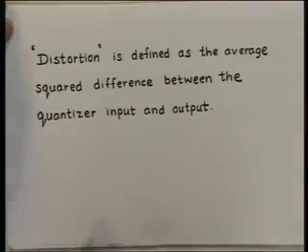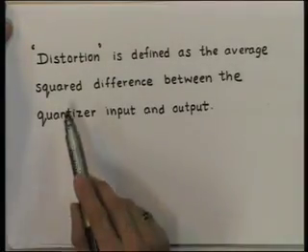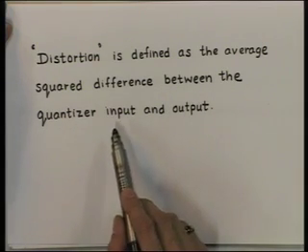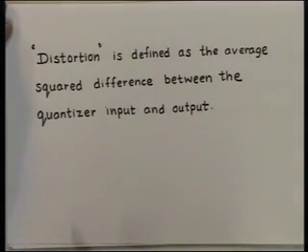Now, distortion is defined as the average squared difference between the quantizer input and output.